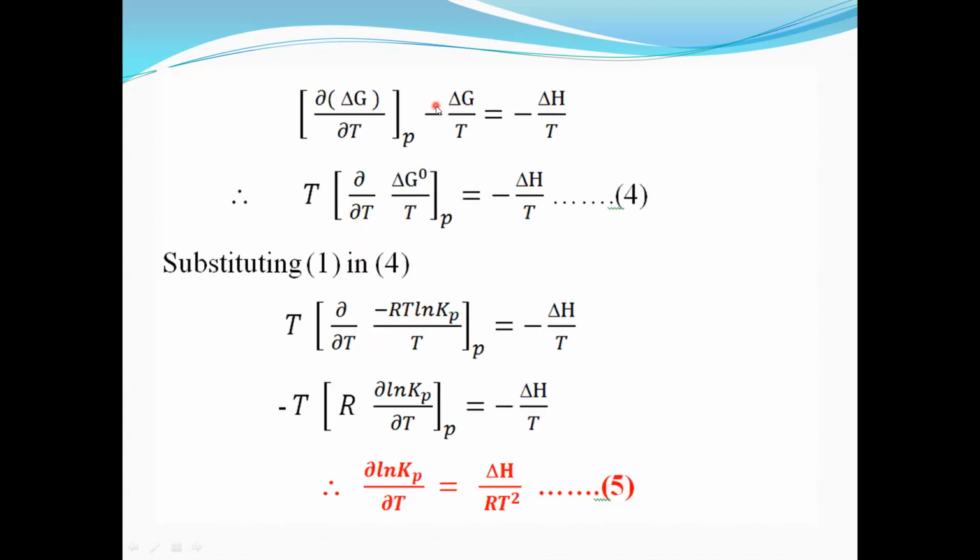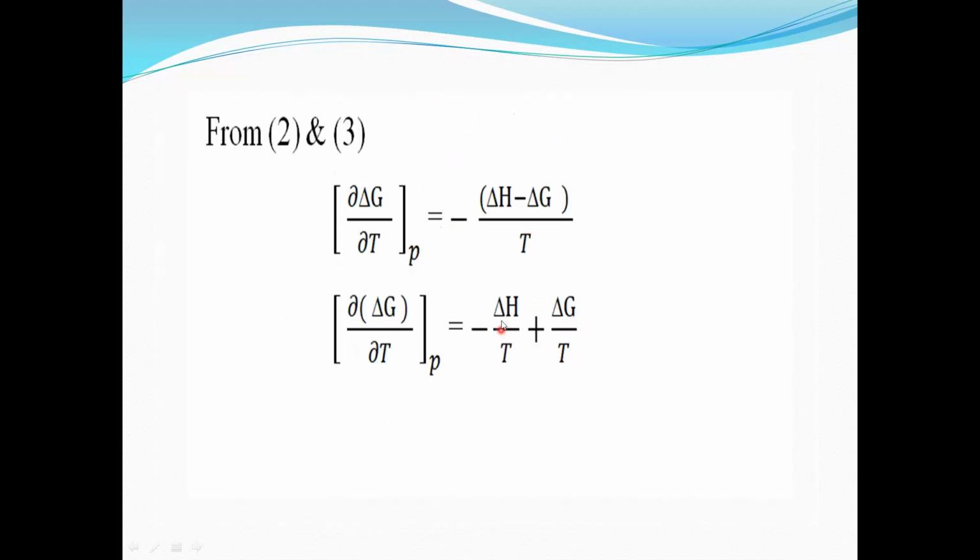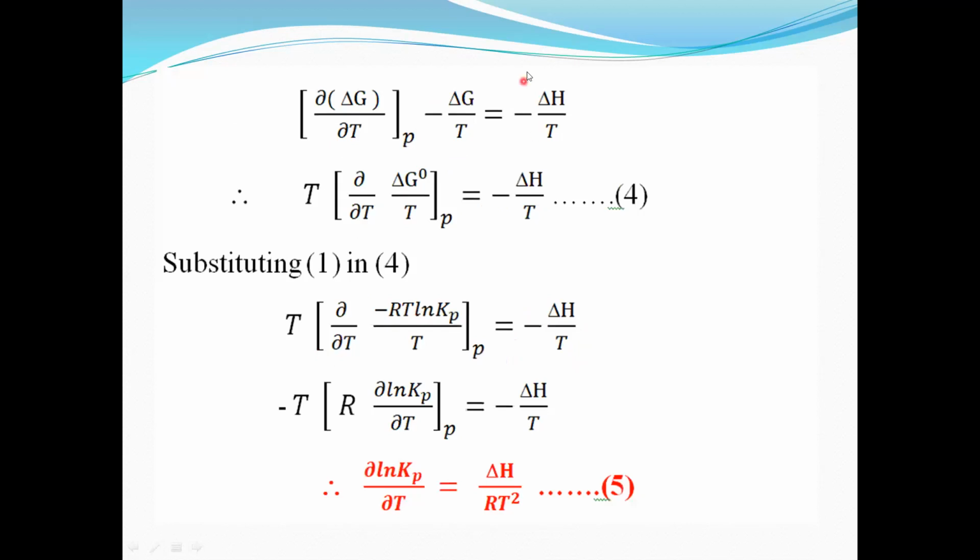So minus delta G upon T, and the remaining quantity as it is, that is minus delta H upon T. Now this partial derivative of delta G with respect to T at constant pressure minus delta G upon T is nothing but the standard Gibbs free energy. So instead of this we can write delta G naught. Rearranging this, T into the partial derivative of delta G naught upon T with respect to T at constant P is nothing but minus delta H upon T.